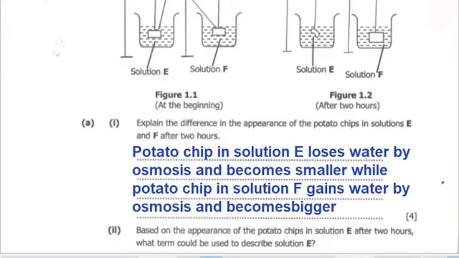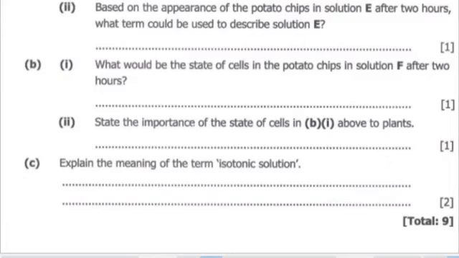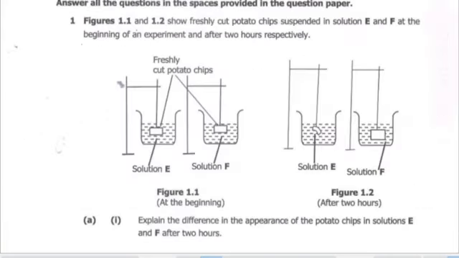Okay, so our second question is here. Based on the appearance of the potato chips in solution E after 2 hours, what term could be used to describe solution E? So here they are asking us that when you look at the appearance of potato E, the way it's appearing right here after 2 hours, what term can be used to describe solution E?